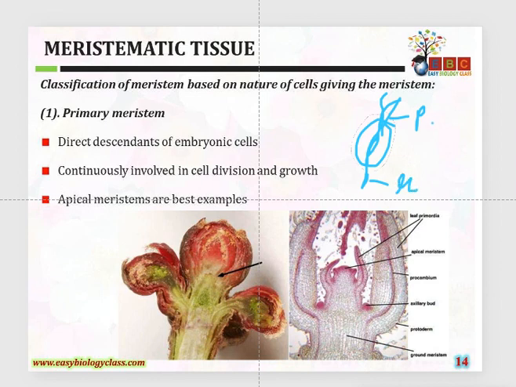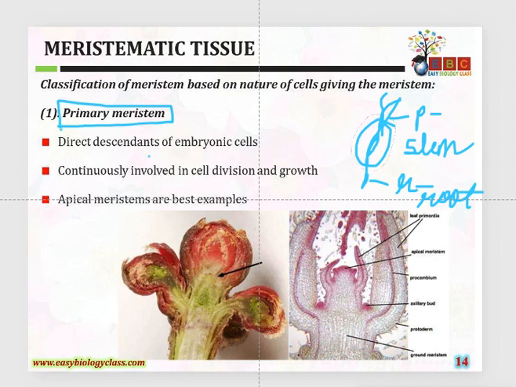The plumule will give rise to the stem or the shoots, and the radicle will give rise to the roots. So we can say, where do the primary meristems occur?